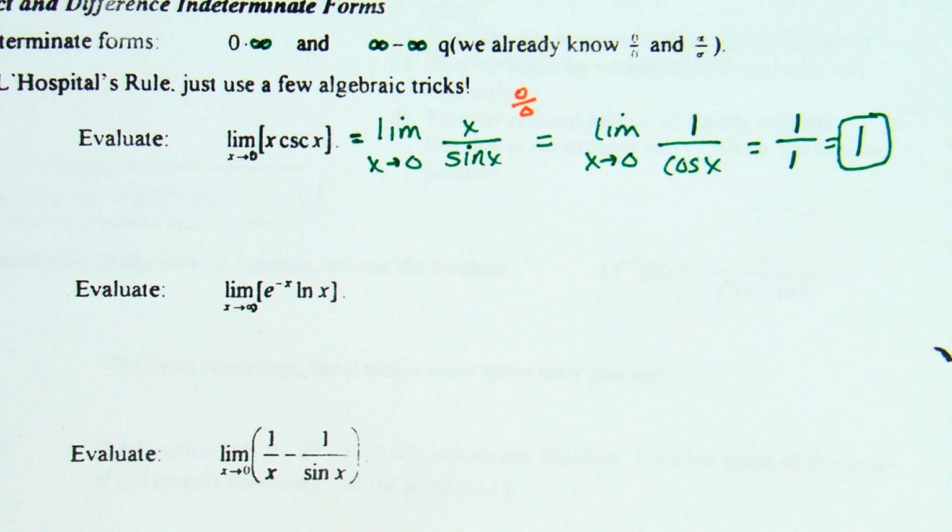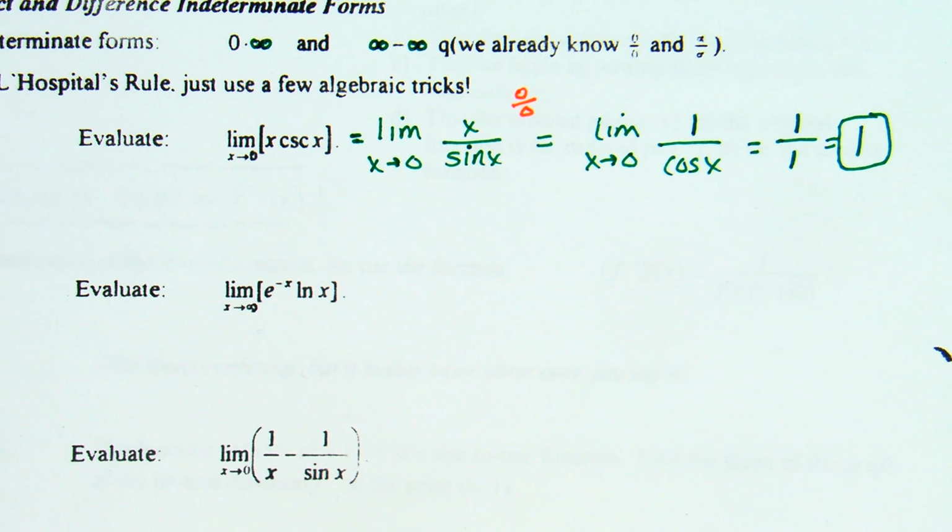What about that e to the negative x? Is it flipped across the y-axis? If you're thinking in terms of the graph, yes, it would be flipped across the y-axis. As it is approaching infinity, then it would be approaching 0.